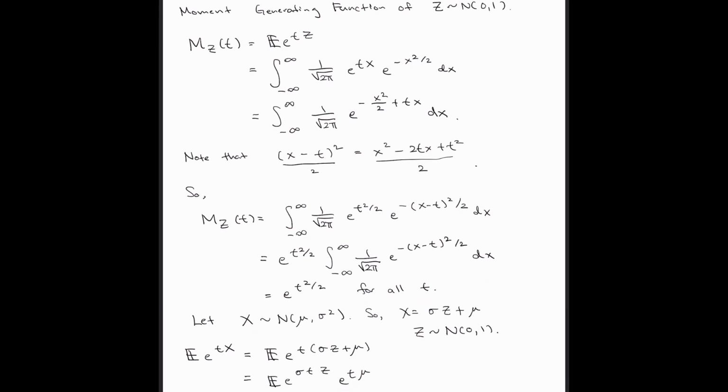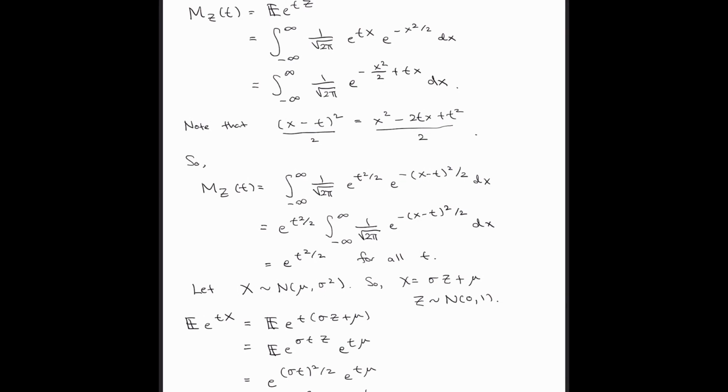Now, what if you want to find it for any normal random variable? So let X be any normal random variable with mean mu and variance sigma squared. Then remember that X equals sigma Z plus mu, and Z is the standard normal again. Then if you want to calculate the MGF, we don't actually have to do much.